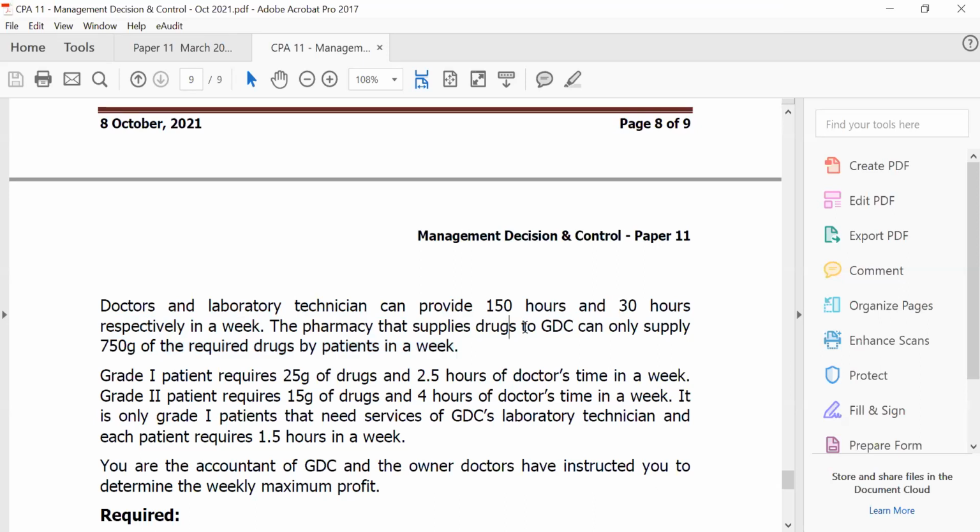Now, this statement is going to help us create equations. We are also going to leverage on this again, where they're telling us that grade 1 requires 25 grams of drugs, okay?